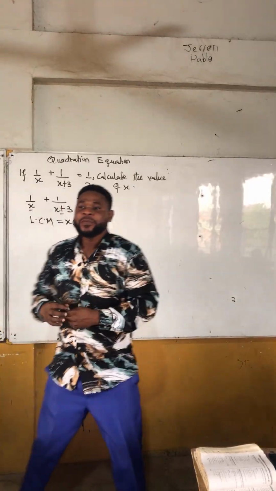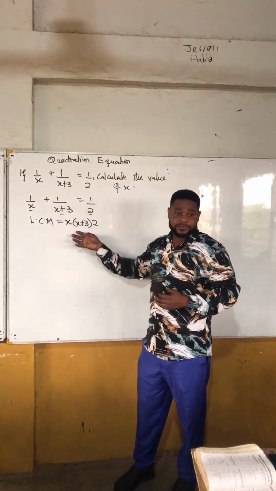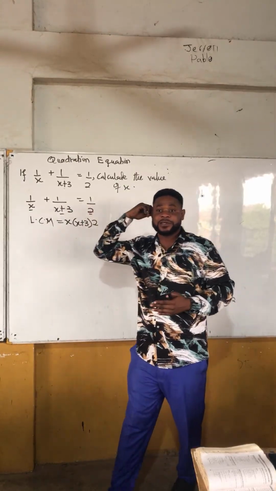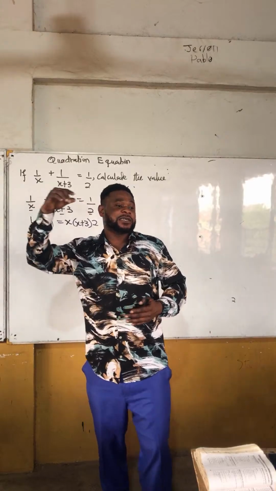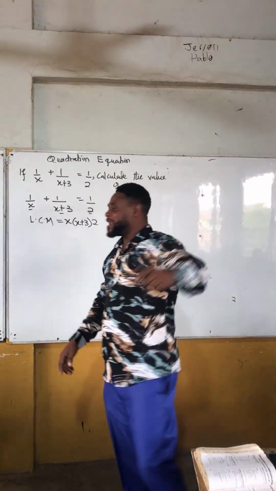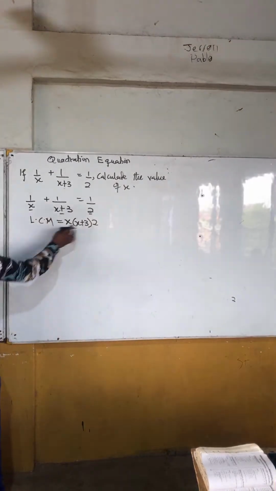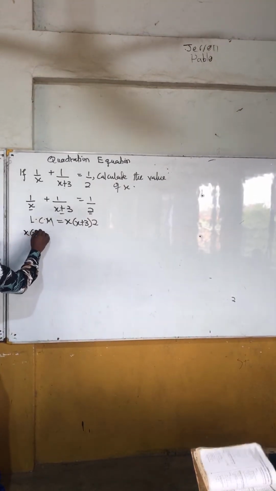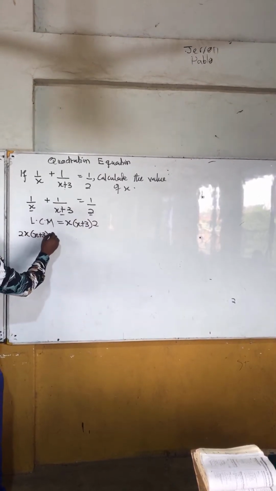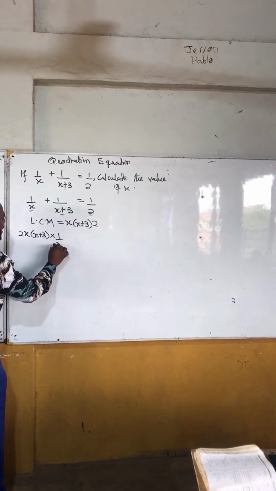Now, after we get the LCM, because this is an equation, what are we going to do? Who can tell me? Yes, my boy. You multiply through. Charlie, this boy is good. So I take my x plus 3. Okay, let me bring my 2 here. Times 1 over what?